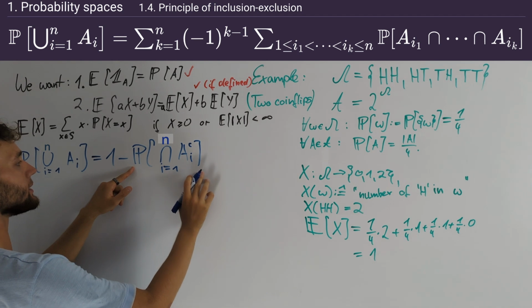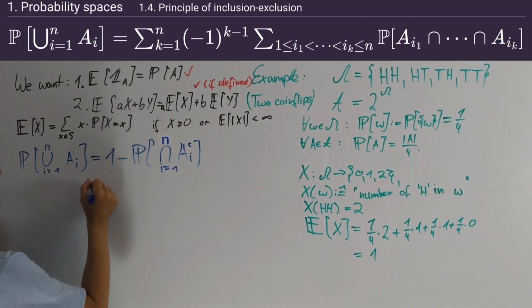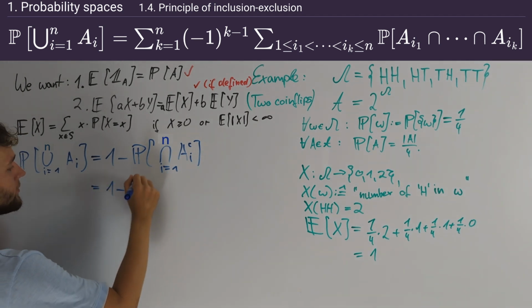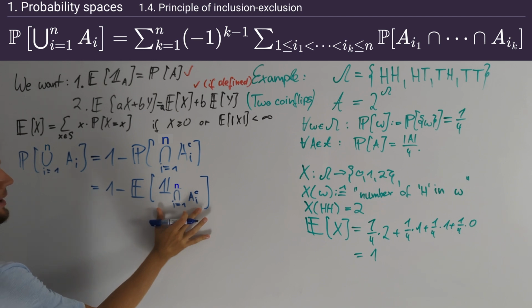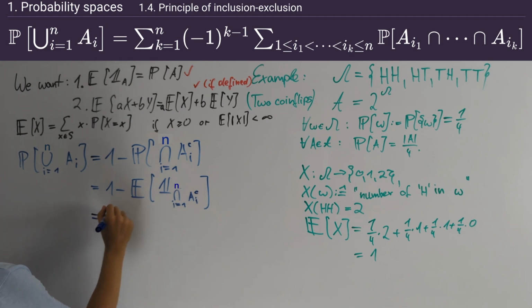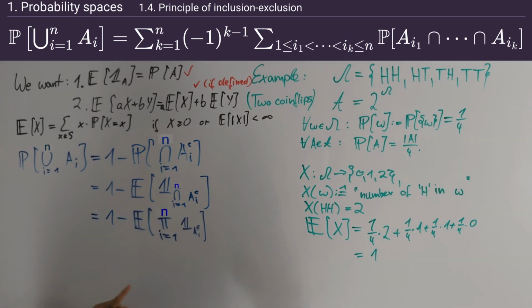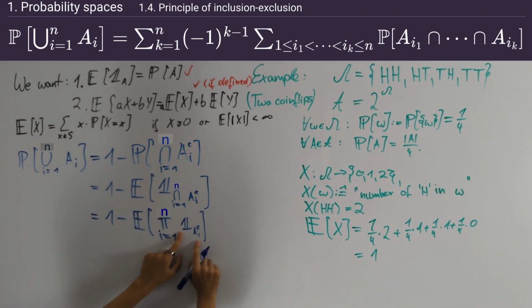This probability is simply the expectation of the corresponding indicator random variable, and we can notice that the indicator variable of the intersection of events is just the product of their indicator variables. Now let me express the indicator random variable of A_i complement as 1 minus the indicator of A_i.